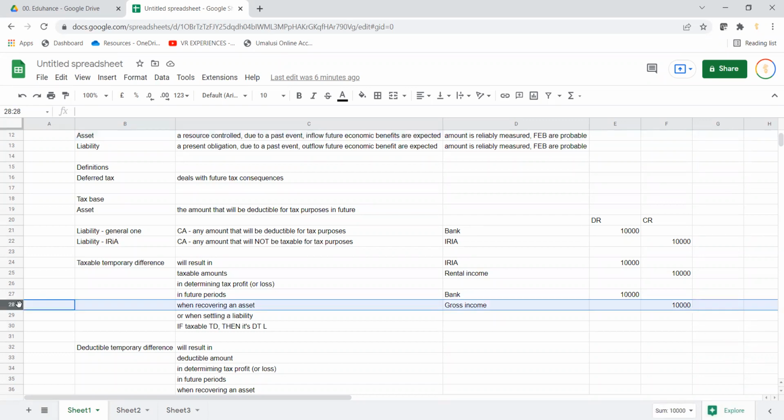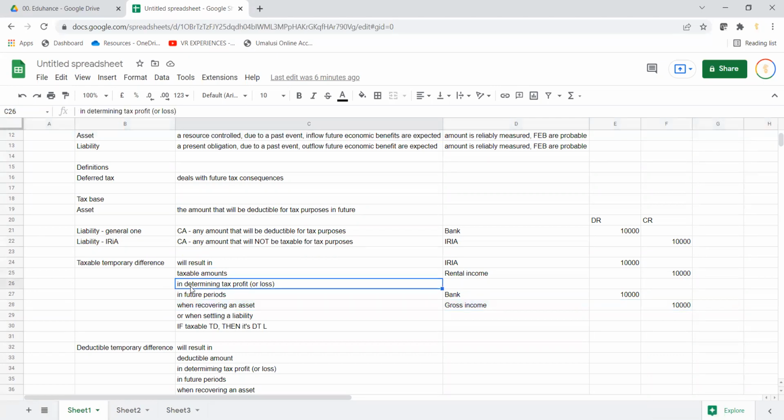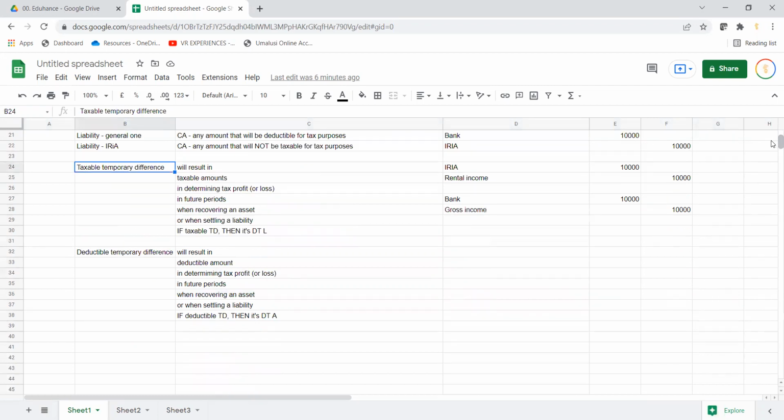You can recover an asset in one of two ways, either through selling the asset or through using the asset. So as you recover the asset, if that results in taxable amounts when calculating tax profit, you will have a taxable temporary difference. Similarly, when recovering or settling a liability, if that results in a deductible amount when calculating tax profit, you will have a deductible temporary difference.